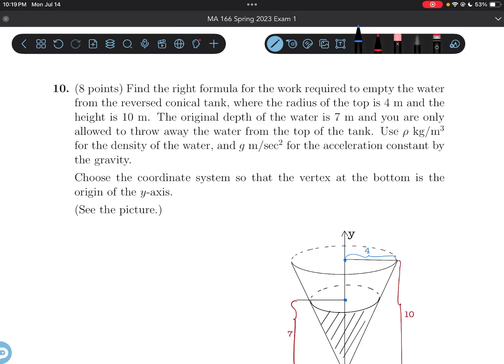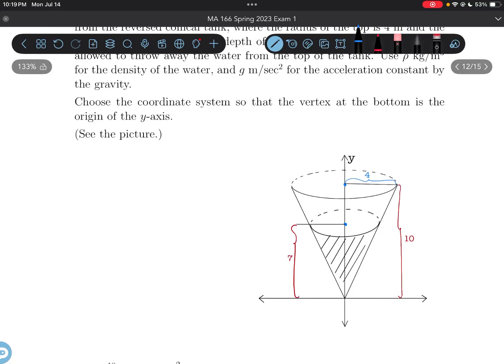Use rho as the density of the water and g for the acceleration constant by the gravity. And it says, choose a coordinate system so that the vertex at the bottom is the origin of the y-axis.